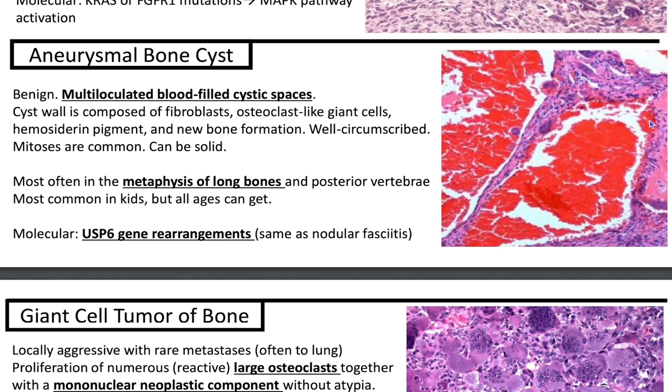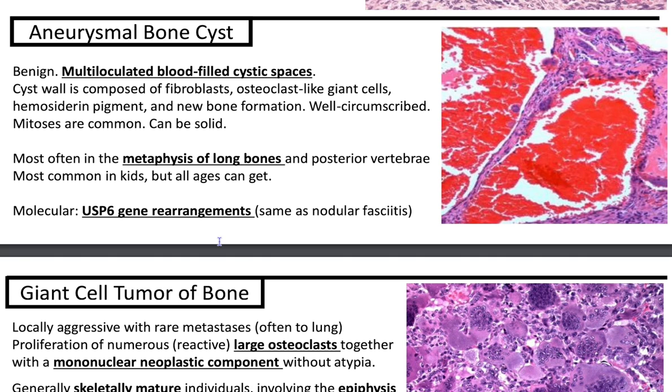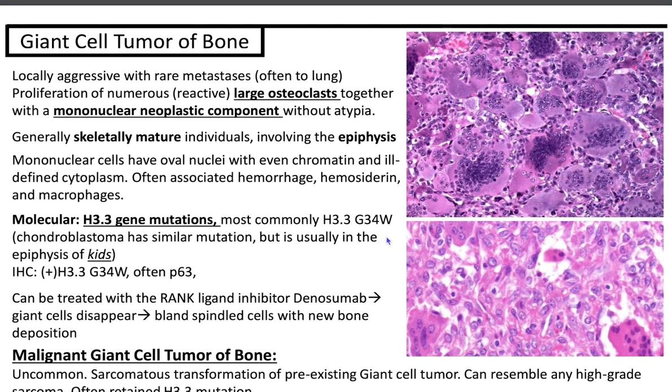And if you're unsure if this is aneurysmal bone cyst or telangiectatic osteosarcoma, you could get a molecular, and ABCs should show you a USP6 gene rearrangement, which is of note, same as nodular fasciitis. Giant cell tumor of bone.